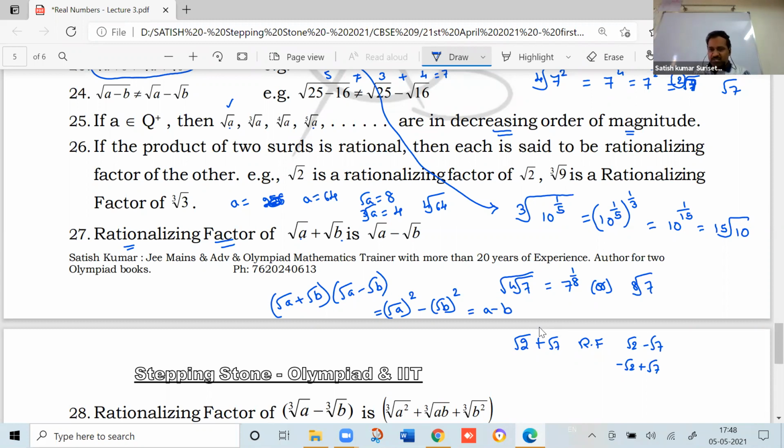Now, suppose I take 2 plus root 3. What is the rationalizing factor for this? 2 minus root 3. So the product will be what? 4 minus 3, which is 1.